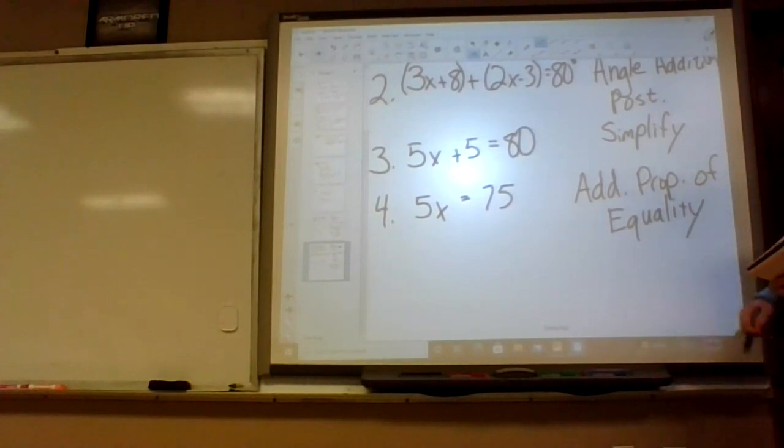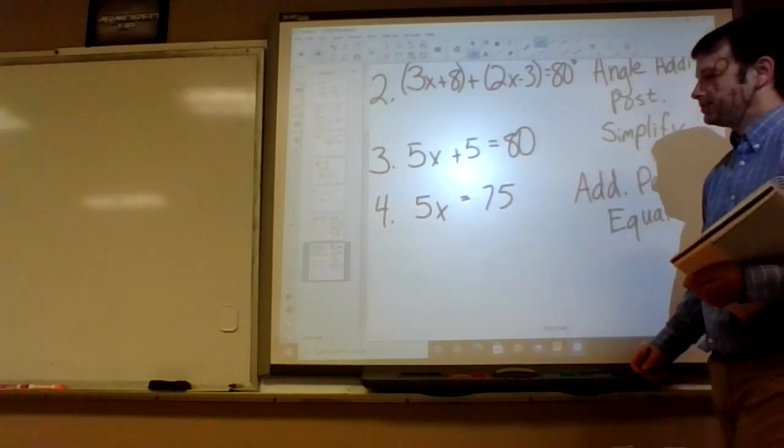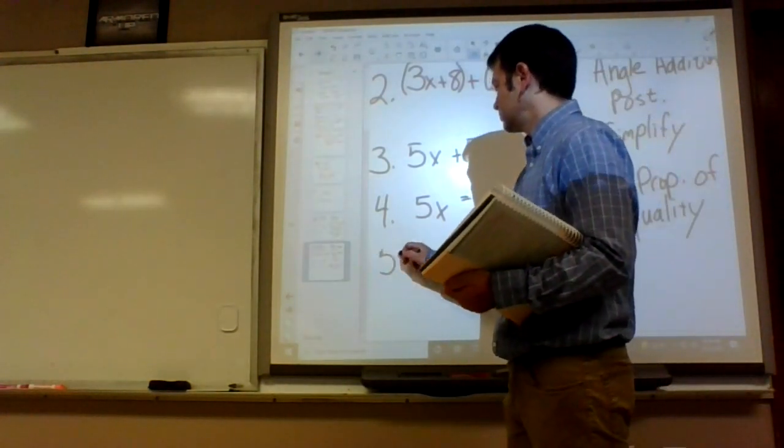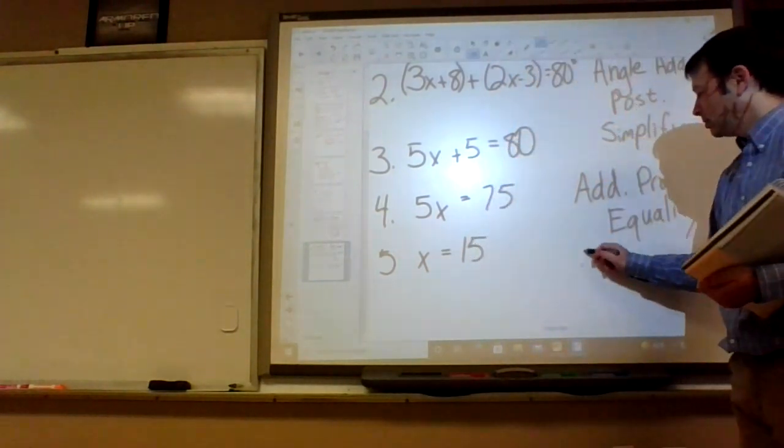But this one doesn't. Then what would you do? Divide by 11. Division property, not multiplication.